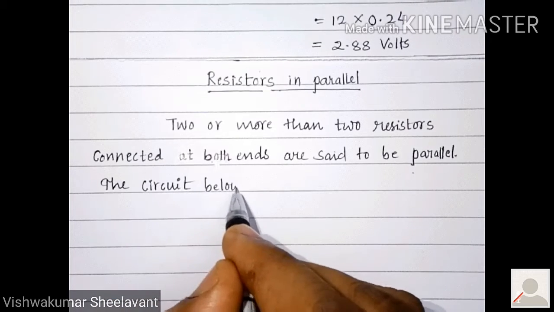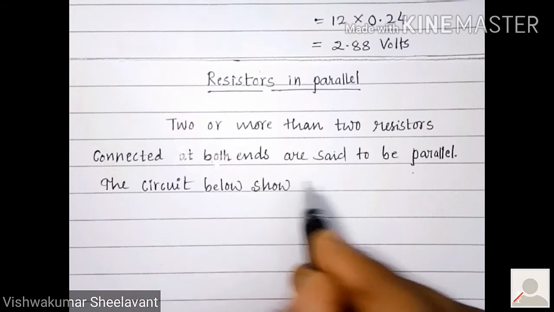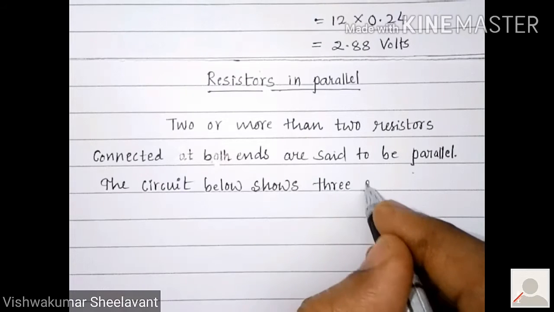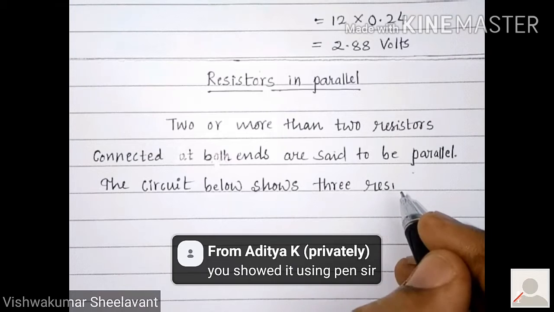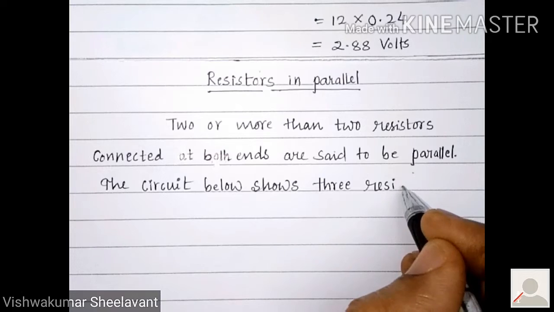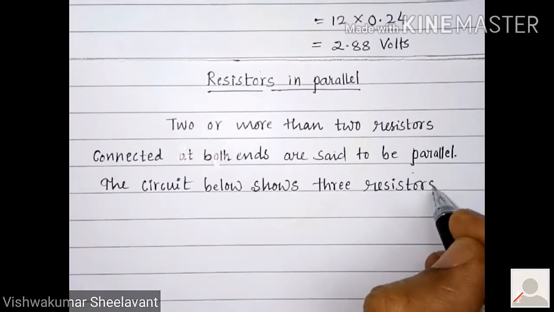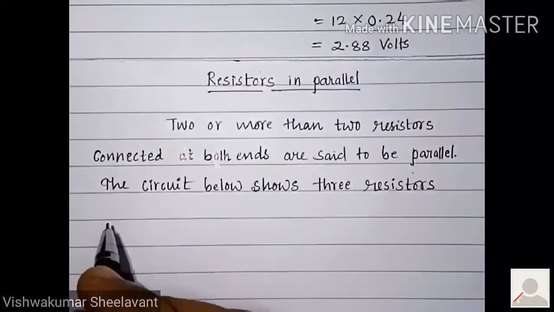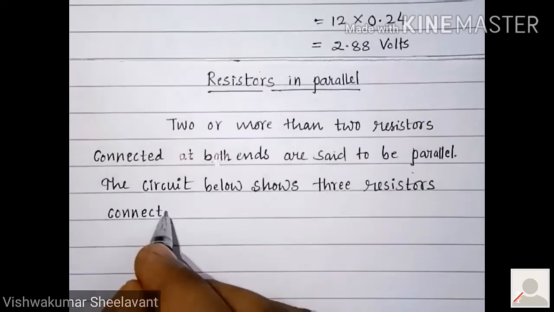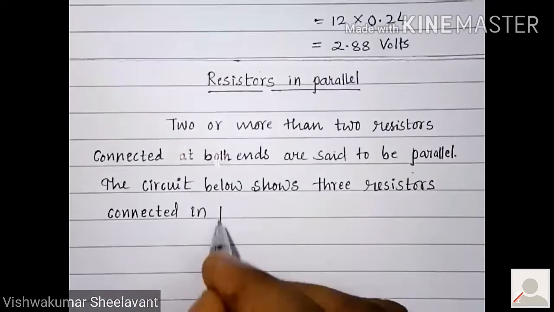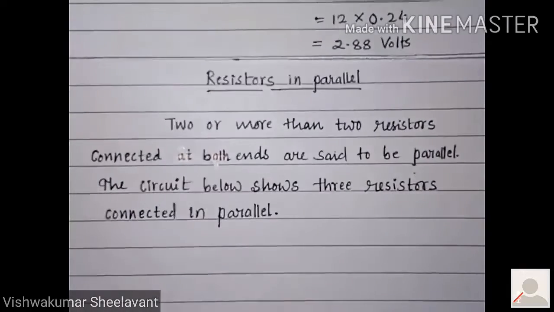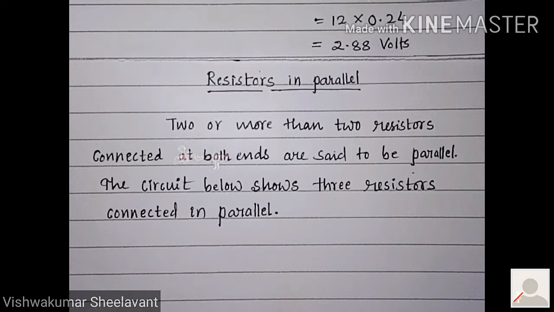The circuit below shows three resistors connected in parallel.